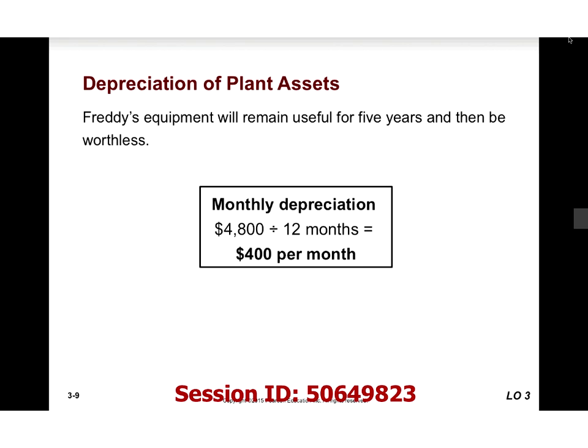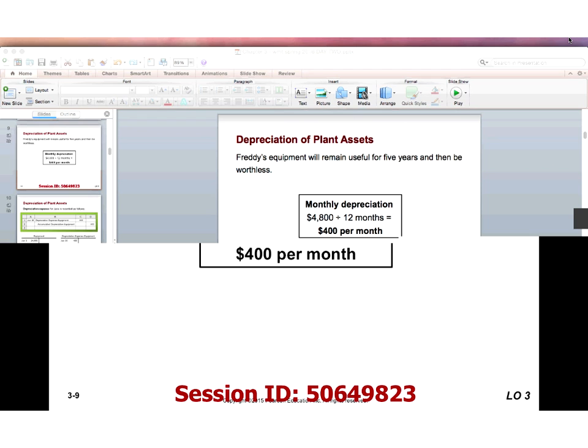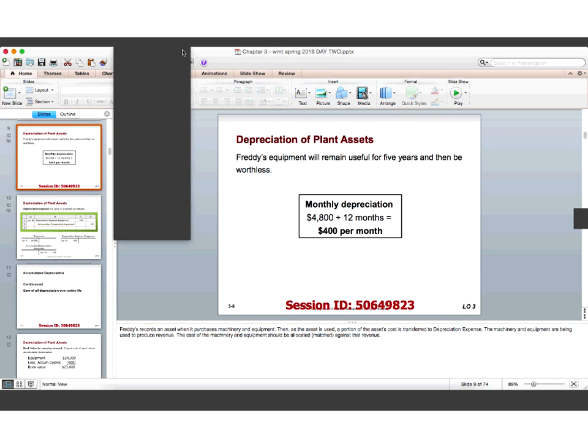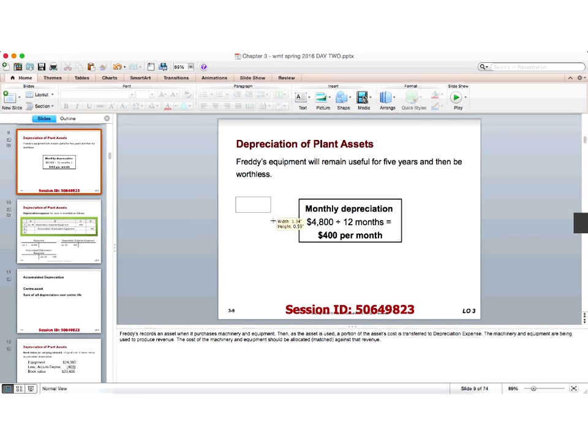So yearly depreciation, 24,000 divided by 5 years, is 4,800. Would you make a note of that? I'll change it right now. So we'll take 24,000 divided by 5 years, which gives us 4,800 per year. That'll work.